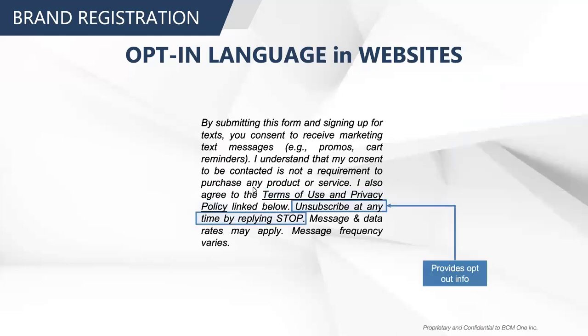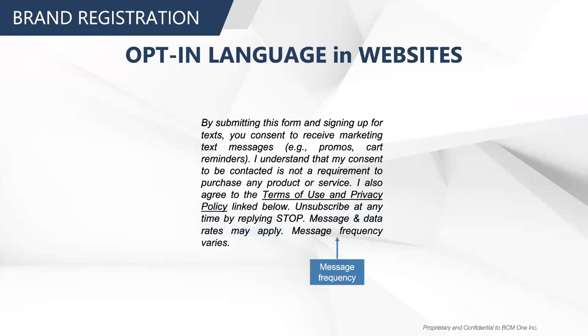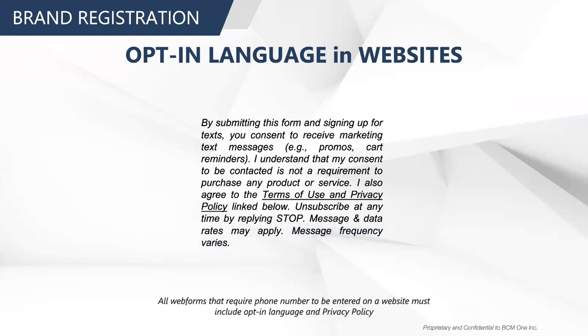It must also provide an opt-out information on how consumers can opt out of future messaging. It should include a disclosure about the message and data rates. And lastly, the message frequency on how many number of messages per month or per week. So all web forms that require phone number to be entered on a website must include this opt-in language and privacy policy.